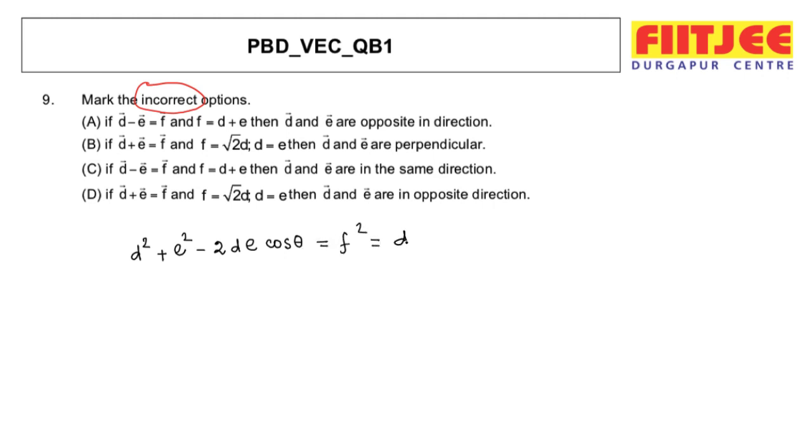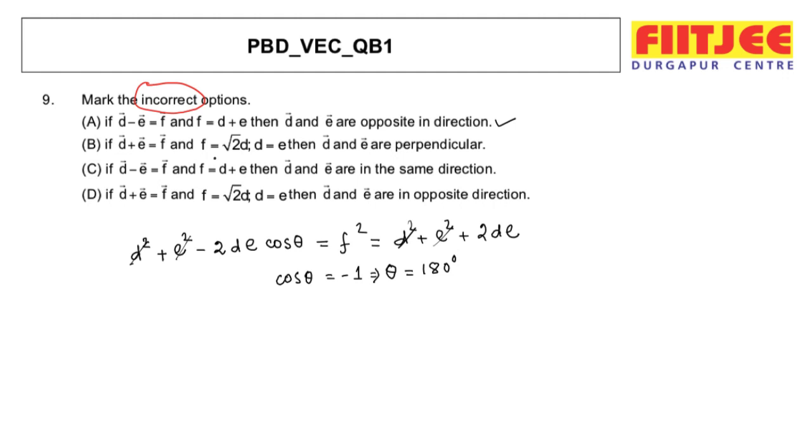You can see it is D square plus E square plus twice D into E. So if I cancel E square and D square, then 2DE will also cancel out. So cos theta will be equal to minus 1, which gives theta equal to 180 degree. That means D vector and E vector are opposite in direction. That is a correct option, so it is not incorrect.